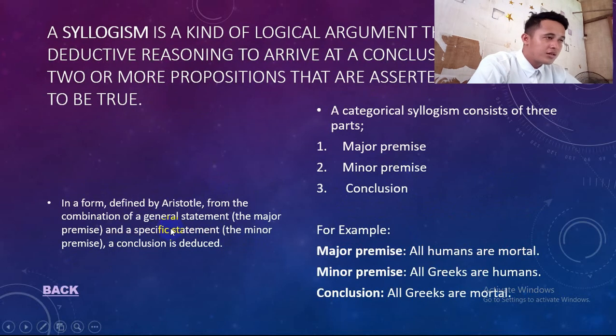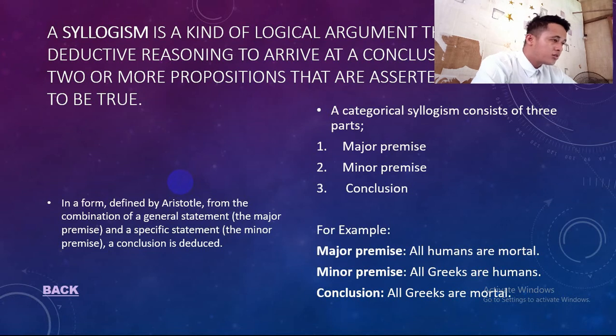A syllogism is a kind of logical argument that applies deductive reasoning to arrive at a conclusion based on two or more propositions that are asserted or assumed to be true, in a form defined by Aristotle: from the combination of a general statement, the major premise, and a specific statement, the minor premise, a conclusion is deduced.